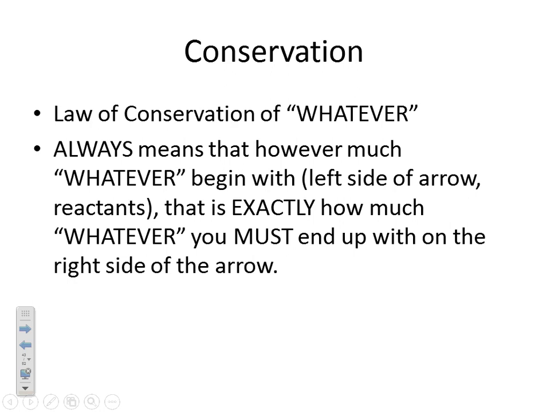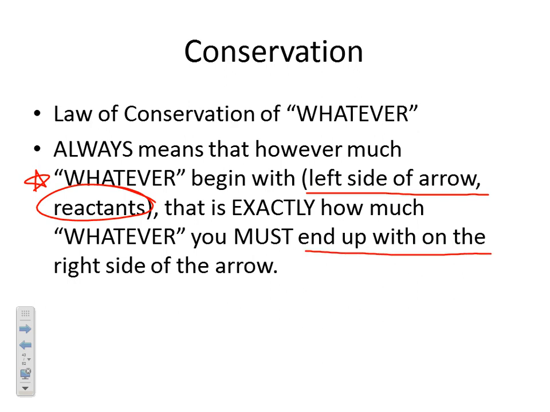So the way that it's phrased is whatever you begin with, i.e. the stuff on the left-hand side of the arrow, i.e. the reactants, that is exactly how much of that thing, whatever your law of conservation is, that you have to end up with on the right-hand side of the arrow, i.e. your products.